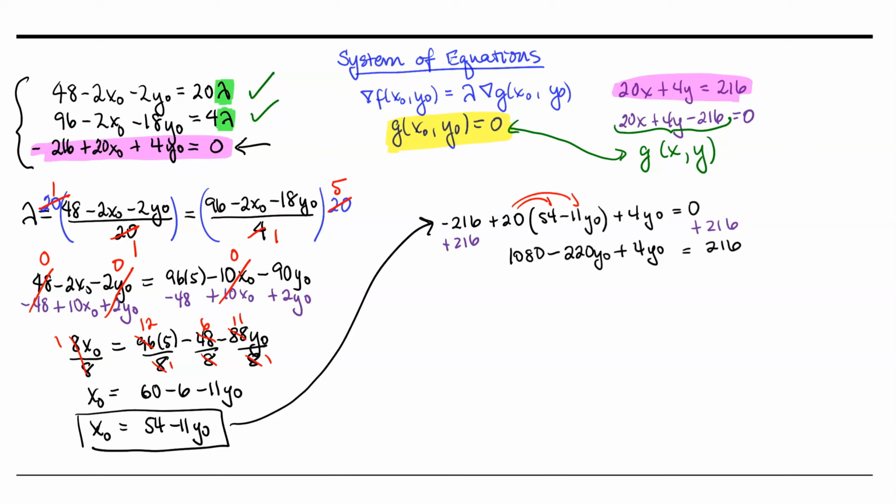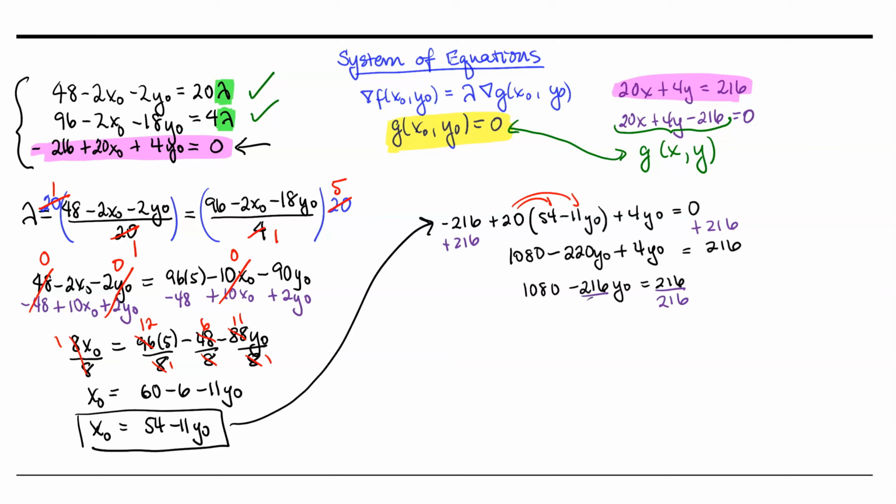Combining my two y naught terms, I have 1080 minus 216 times y naught equals 216. Now, given that I've got 216 in two places, I'm hopeful that 1080 is divisible by 216, and it does turn out that it is.